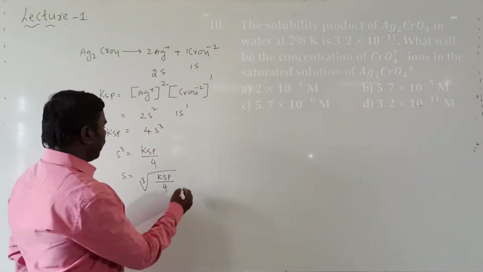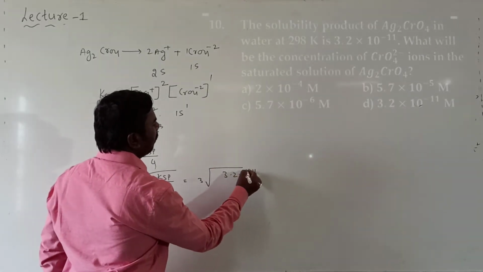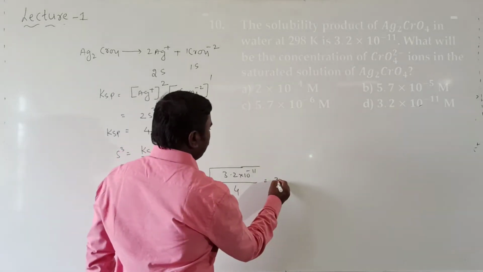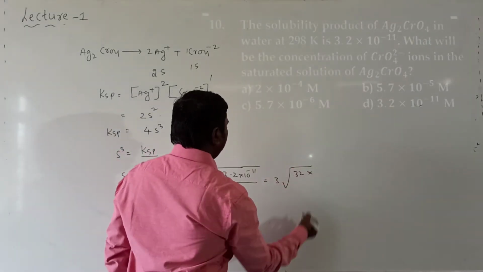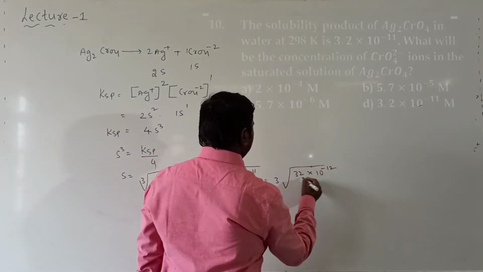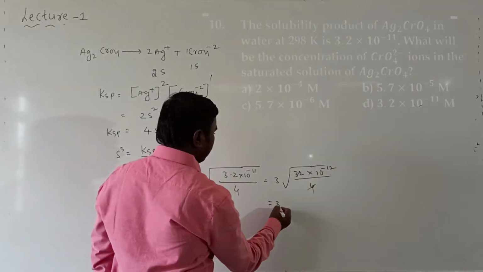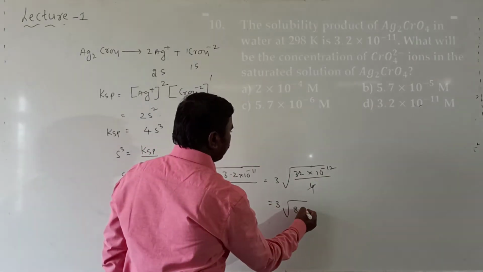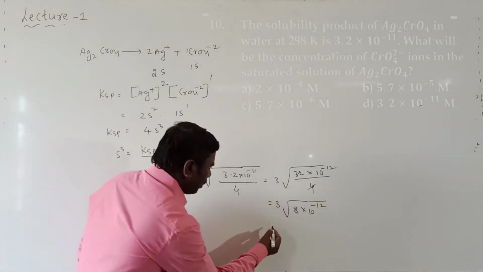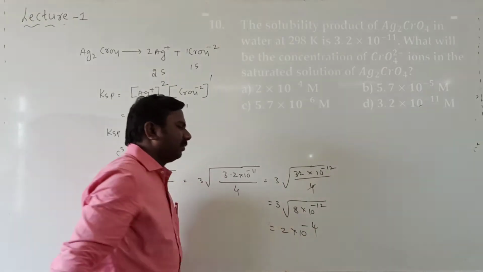Ksp, the solubility product, is given already. Cube root of 3.2 into 10 to the power of minus 11 by 4. For our convenience, cube root of 32 into 10 to the power of minus 12 by 4. It is 8 times 10 to the power of minus 12 under the cube root. So it will be taken as 2 into 10 to the power of minus 4.